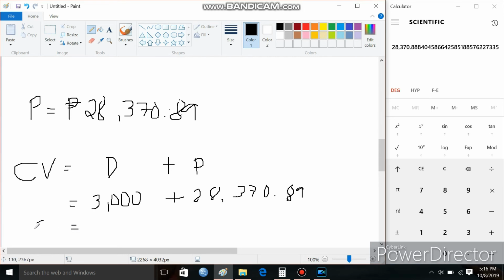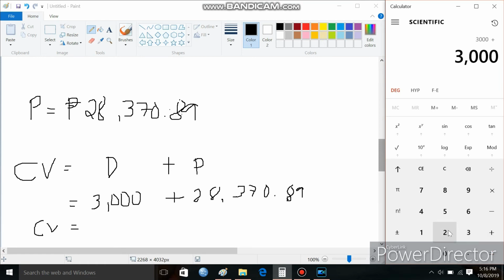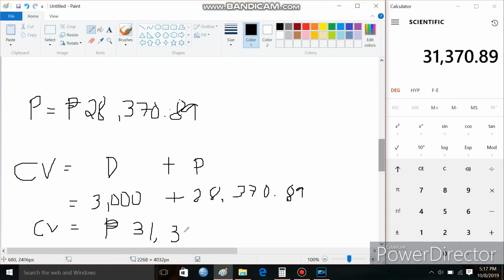In other words, the cash value of the iPad is 3,000 plus 28,370.89, which is 31,370.89 pesos.